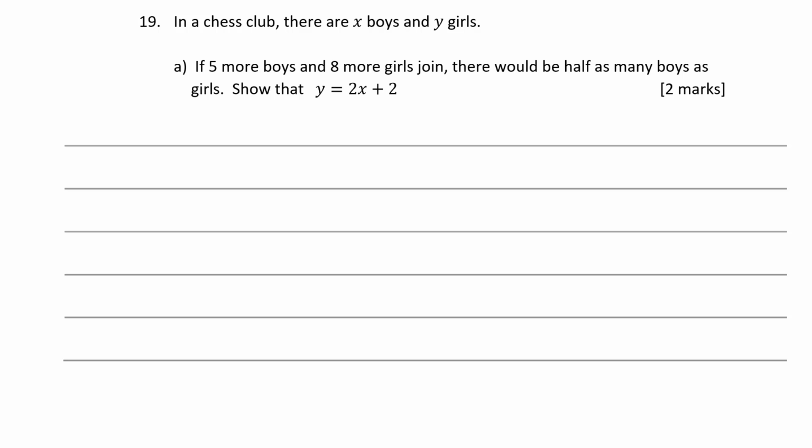So we know that x plus 5 is the new number of boys, and we know that that's half as many as the number of girls. So if we doubled it, then it should be equal to the number of girls, which is y plus 8. So that gives us 2 lots of x plus 5 is equal to y plus 8.